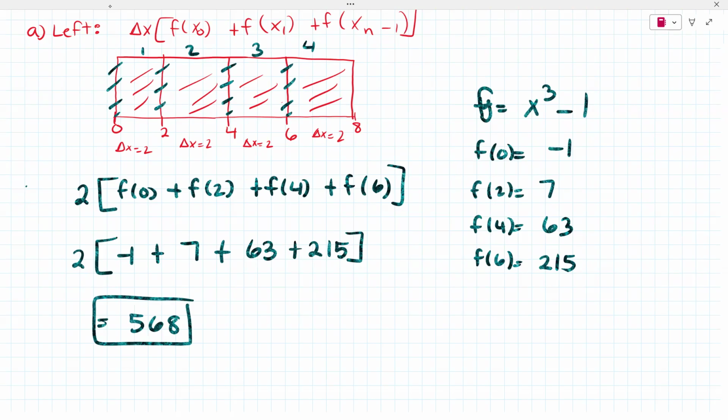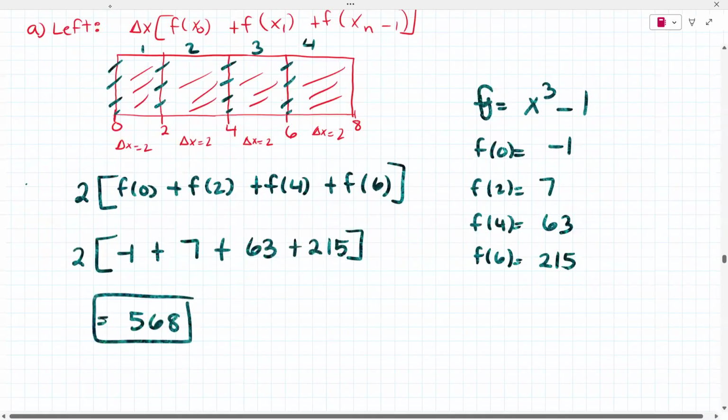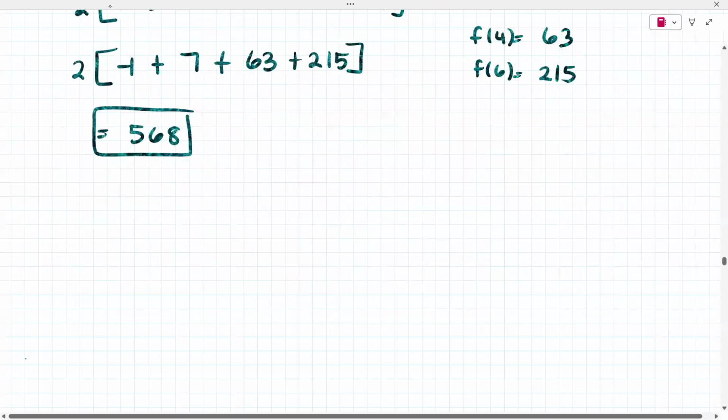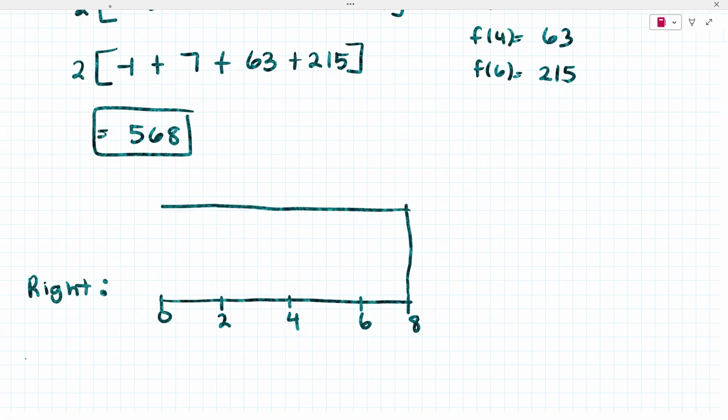Now let's do the right. So f of 2 is right here.